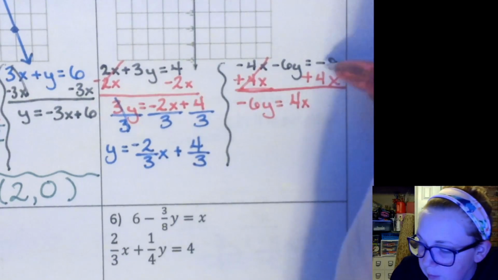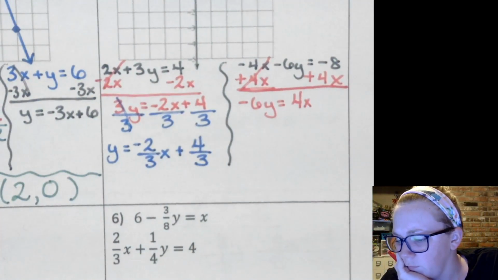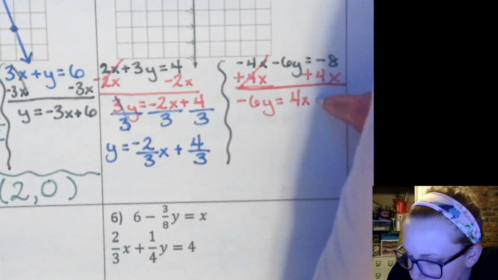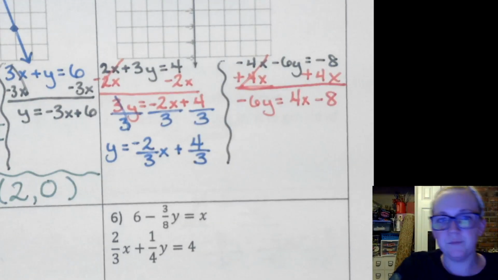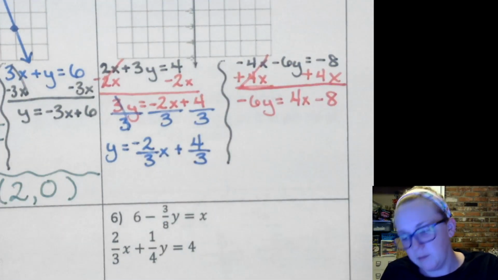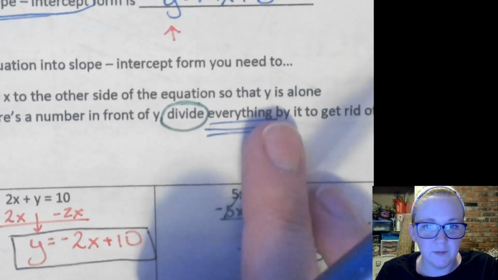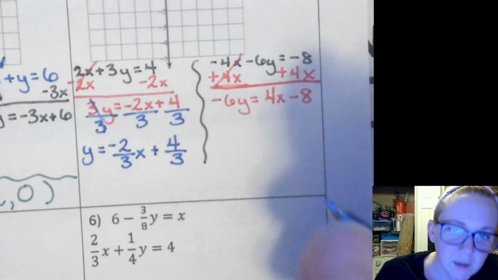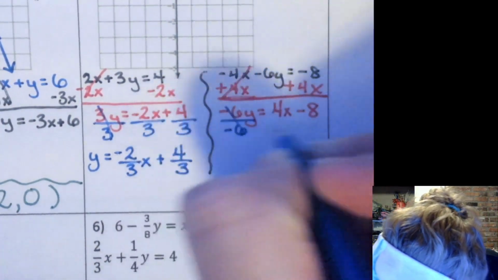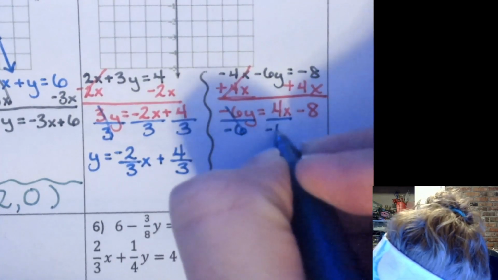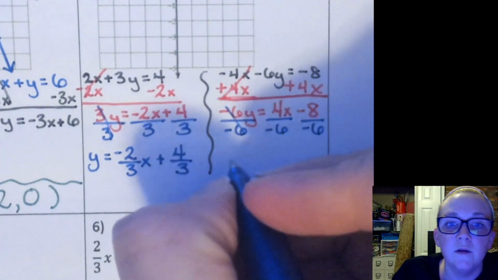And then we have a negative 8, so I'm just going to put minus 8. Now, the number in front of my y: divide everything by it. Let's divide all the things by -6, this by -6, this by -6, and this by -6.